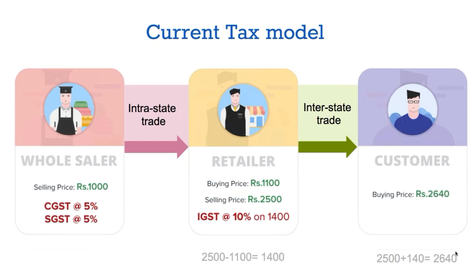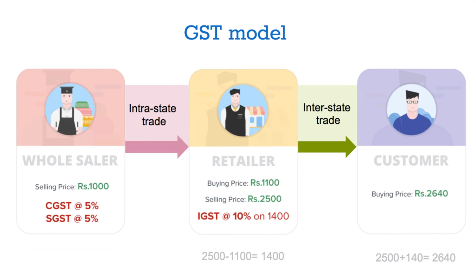So now we are going to take a look at the same scenario inside the GST model. So here inside the GST model, as you can see, right now we have a wholesaler selling it again to the retailer for rupees 1,000.